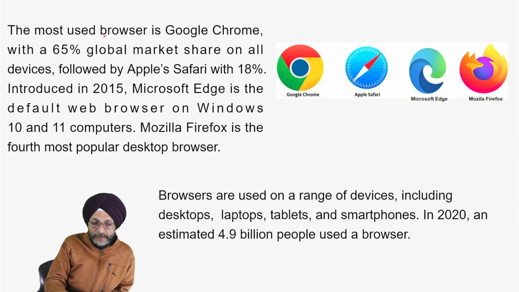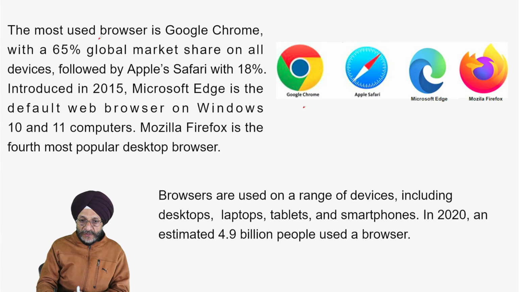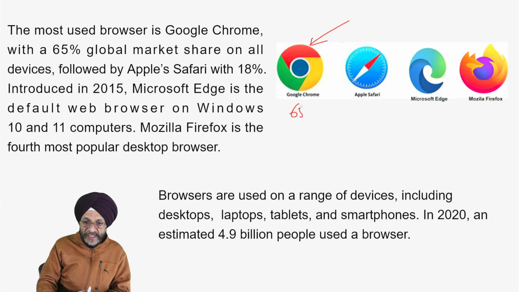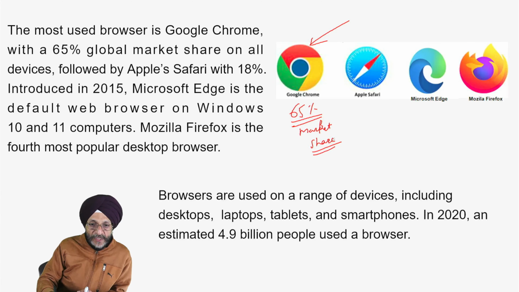Now comes the question: what are the examples of web browsers? The most commonly used web browser is Google Chrome, and it has about 65% market share as per the information available with us. However, it may change with the passage of time.